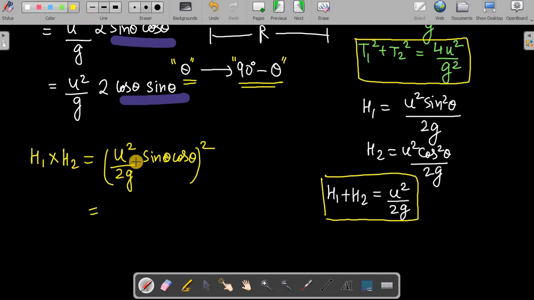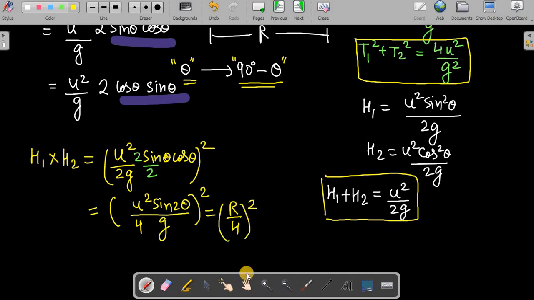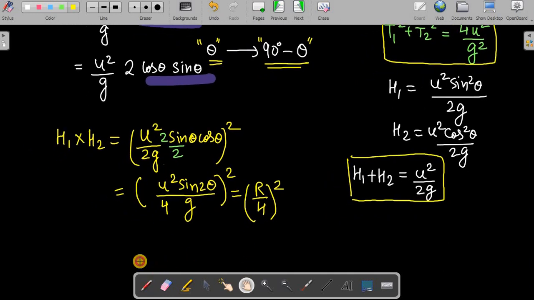So you can multiply by 2 and divide by 2. What do you get now? You will get u square sin 2 theta by g, and the 4 you can bring outside. u square sin 2 theta by g is nothing but the range. So this is going to become range by 4 whole square, isn't it? So from here you should know that range is nothing but 4 root under h1 h2.